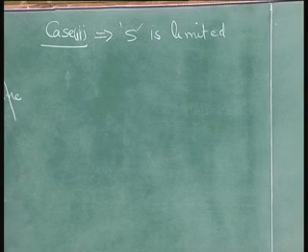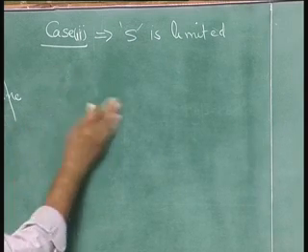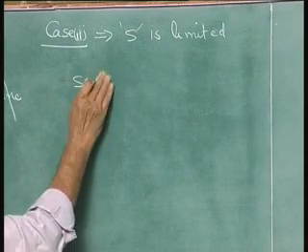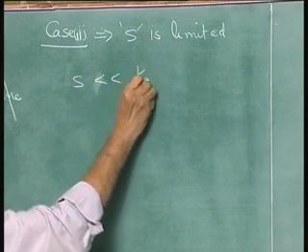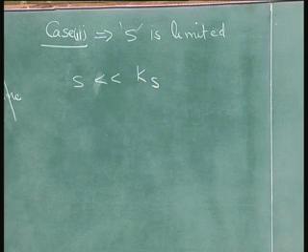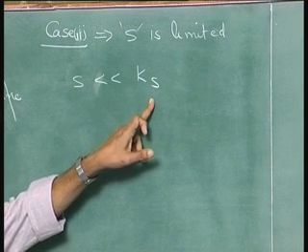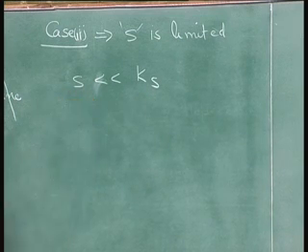In this particular case, the concentration of substrate is less than Ks. That means the concentration of food is less than Ks. Ks is the saturation concentration of the substrate, and the food available is less than that.